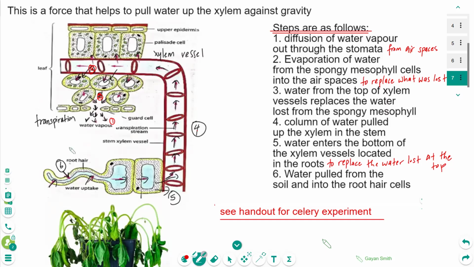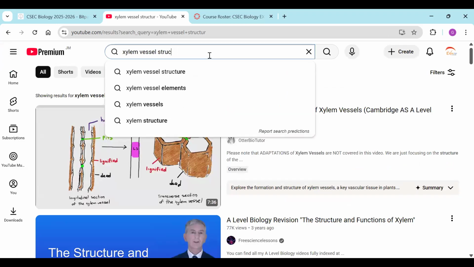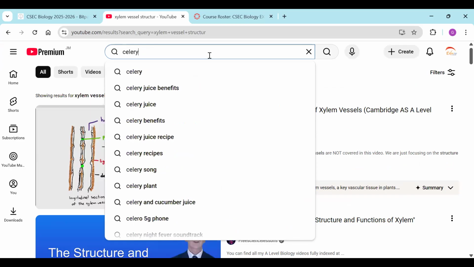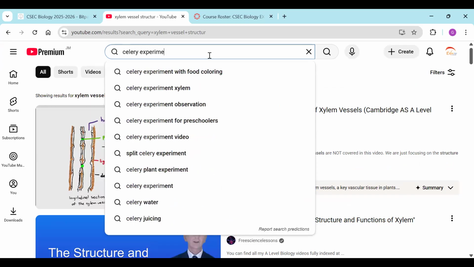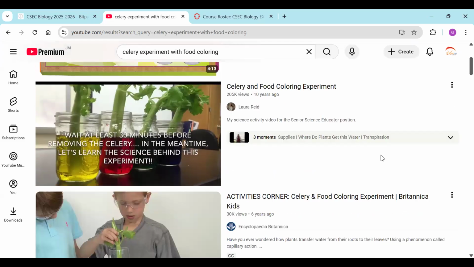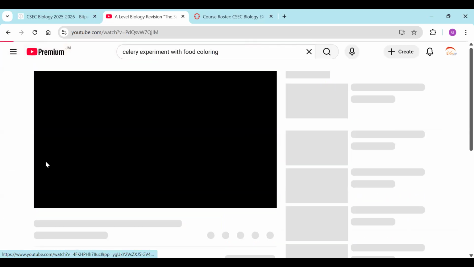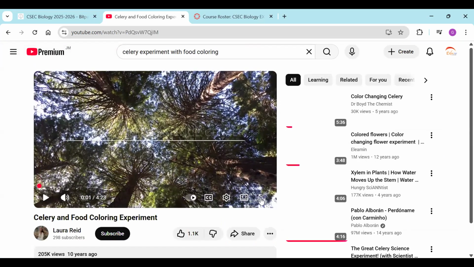We like to do experiments with celery because it has a transparent stem. So we can add dyes to water and actually see the water move through the celery. So I'm going to show you that experiment. All right, so there's this experiment that CXC likes you to know, which is basically us proving that the xylem vessels are the ones that carry water.